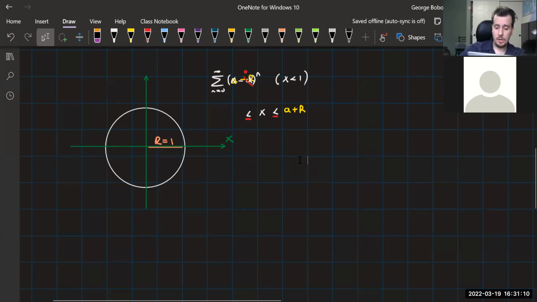All this might sound like a lot, but it will make sense as soon as I do the example that I've provided. So you have to individually check the endpoints inside the series to see if the series converges at those endpoints or not. If it doesn't converge, you don't include this. If it does converge, you do include the equal sign.